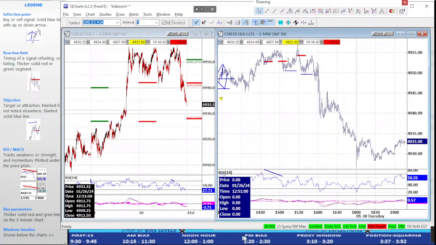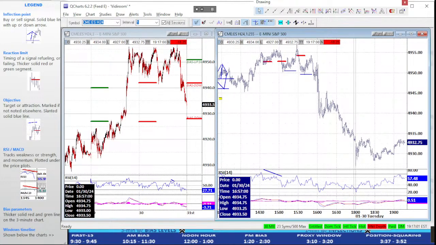This lower line under the x-axis, under the charts, these are the timing windows that we talk about during the day as they become relevant. The opening, the first 15 minutes, is 9:30 to 9:45. The first 15, the most volatile window of the day.